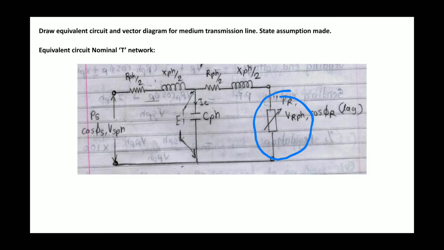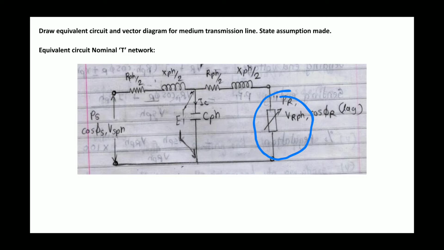It resembles the English letter T. The lumped capacitance is shown between the P and N conductor at the middle of the line. The lumped capacitor means the capacitor is connected in parallel between the sending end and the receiving end. The other parameters R and XL are shown half on the left portion and half on the right portion, equally divided.